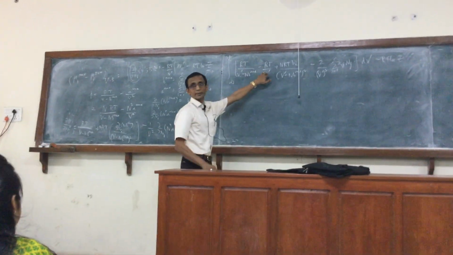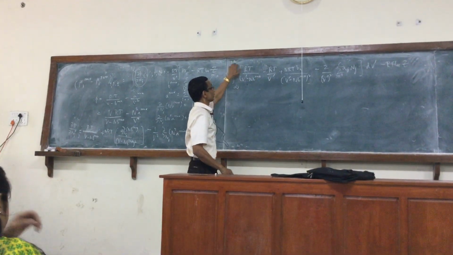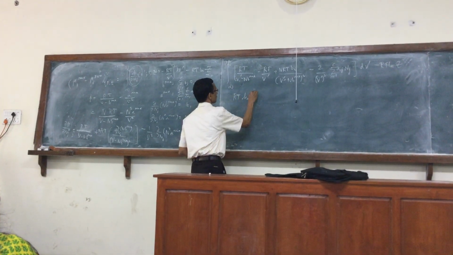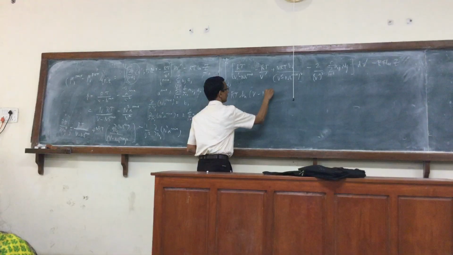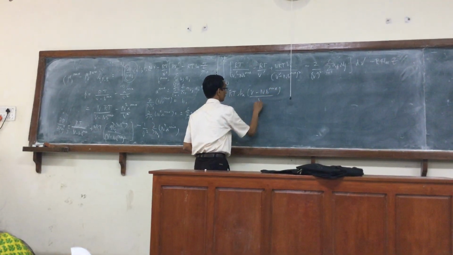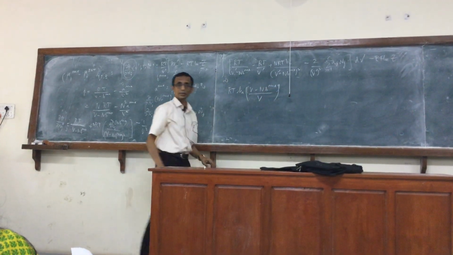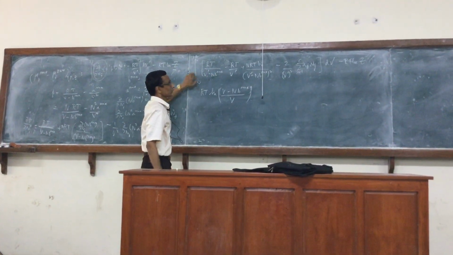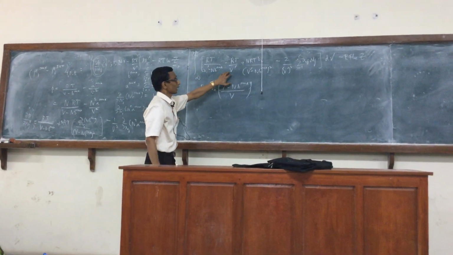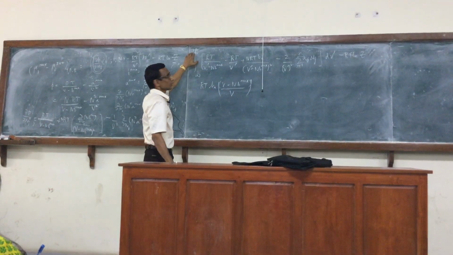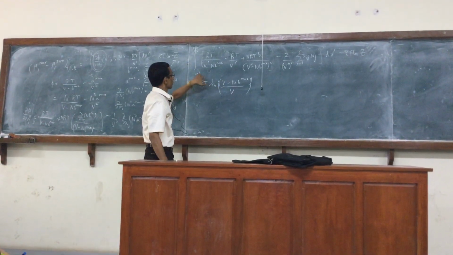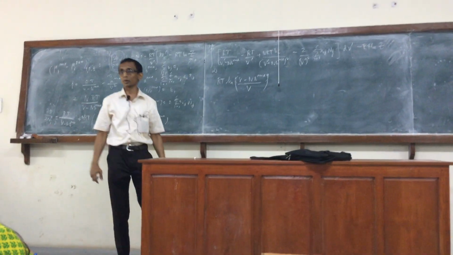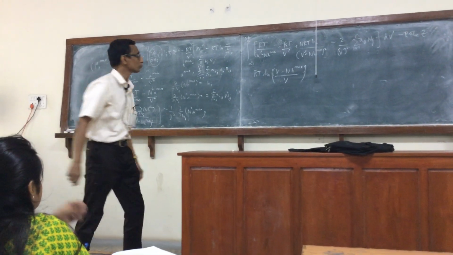So now this integration, from infinity to V, of RT times Bi over V prime minus n V mix, would be RT log of V minus n V mix by V. That you can easily verify. This would be RT log of V minus n V mix over V, minus the bottom limit of infinity, which would simply go to the order of 1, which would be 0.